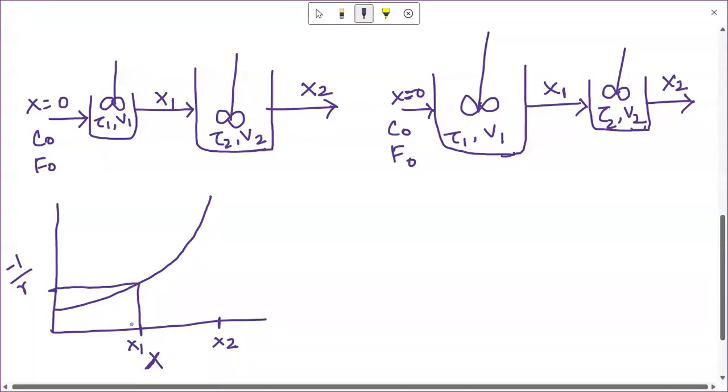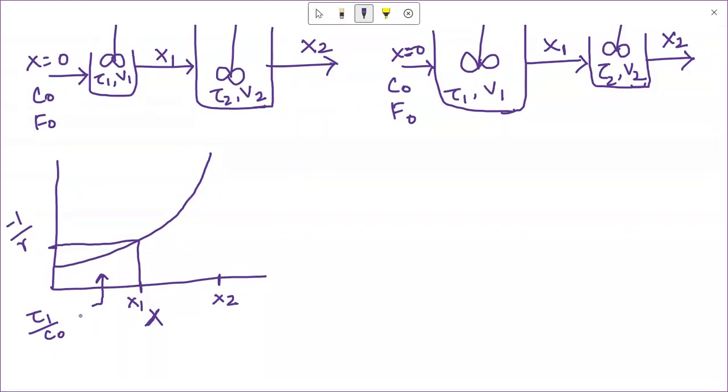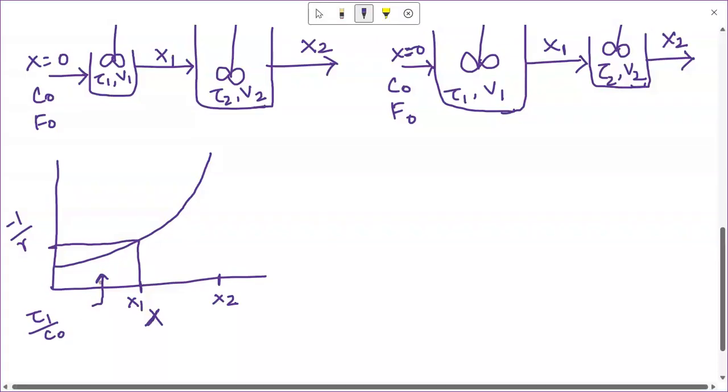The area of the small rectangle equals tau 1 by C0. This procedure I have discussed before. You can go through some of the other lectures where I discussed determining the size of steady state mixed flow reactors. If you find the area of this rectangle, then you will get the tau 1 by C0 value, which is also equal to V1 by F0.